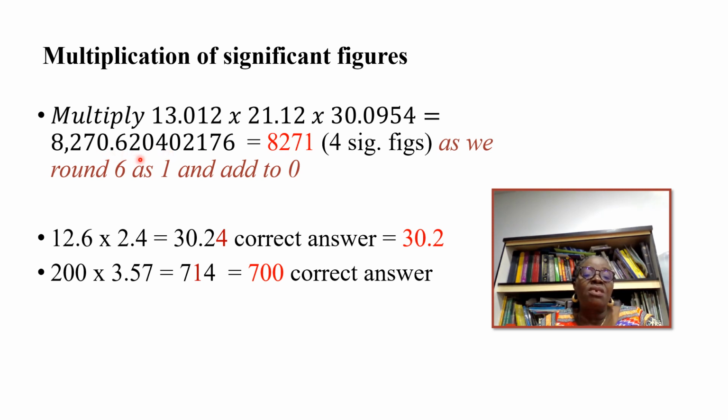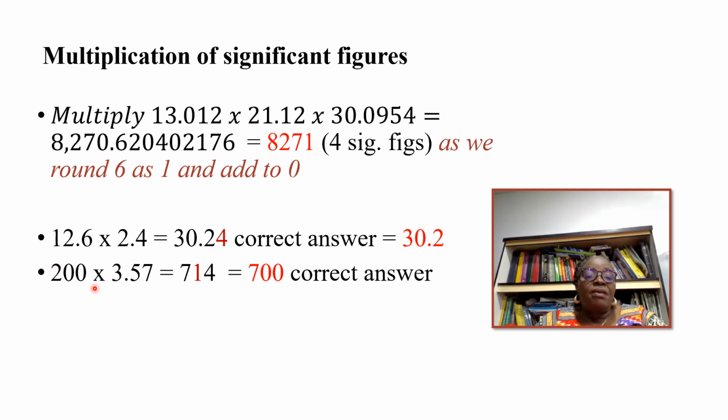You limit it to the least significant figures given in your multiplication, and it is 4. So our answer now, the least significant figure should end here. But it cannot end at 0 because 6, the next value, is greater than 5. So we'll round it up. When we round up, the correct answer will now be 8271.